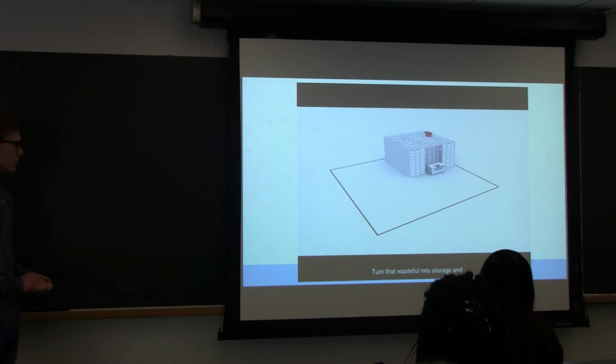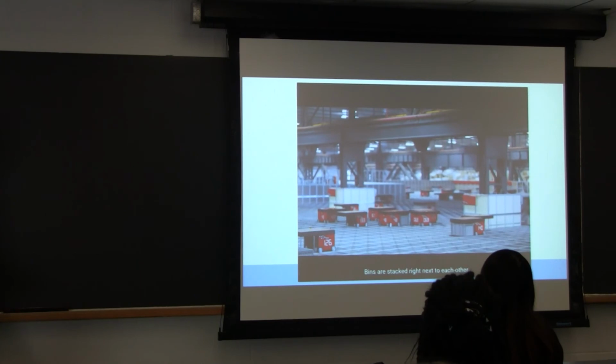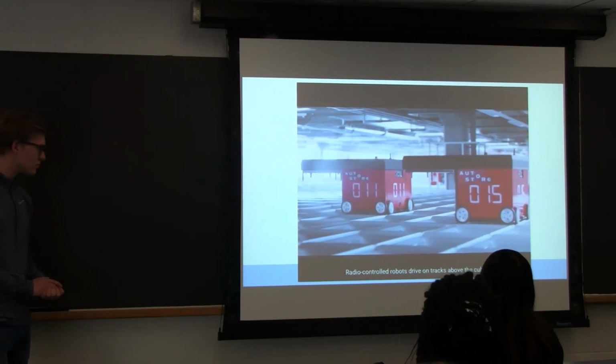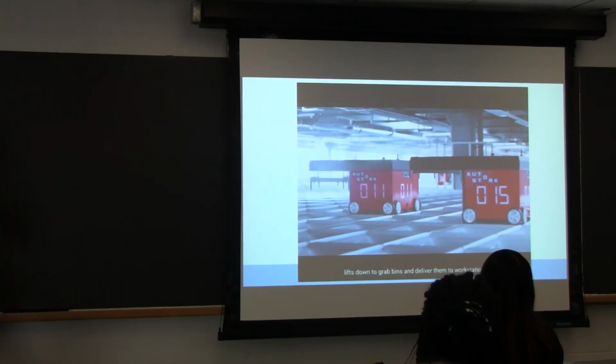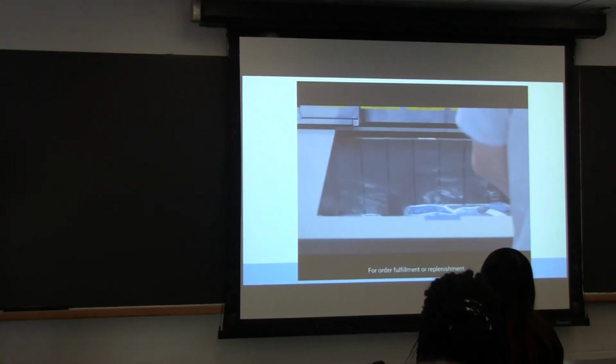Turn that wasteful air into storage and double, triple, or even quadruple the inventory capacity without moving the building. Bins are stacked right next to each other, on top of each other. Radio control robots drive on tracks above the cube. Lifts down to grab bins and deliver them to workstations for order fulfillment or replenishment.